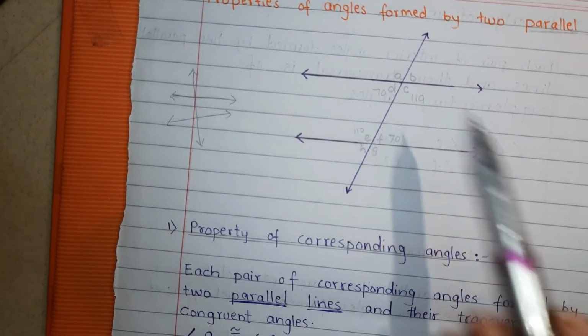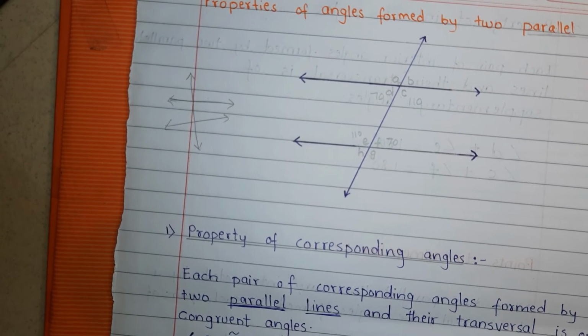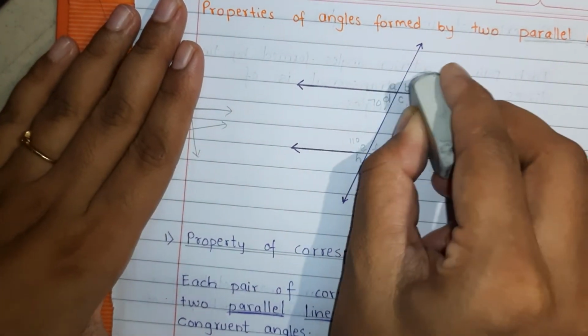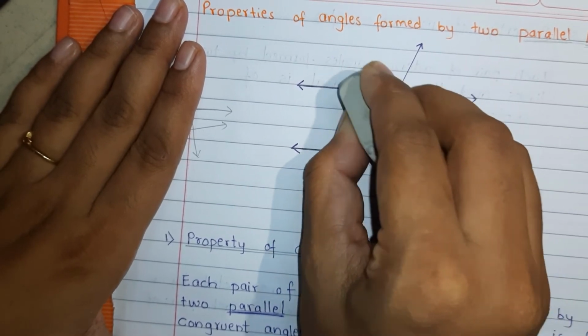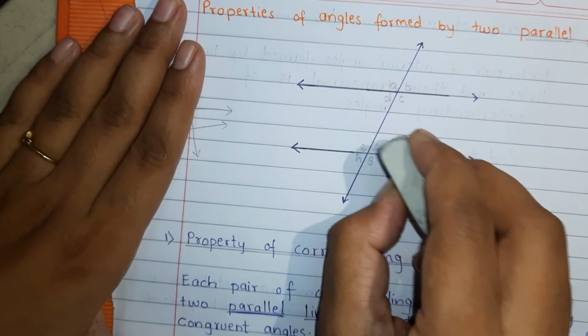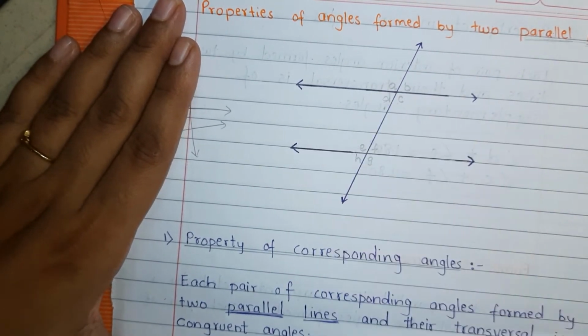Okay, so remember this. Now one more thing is there. If they have given you in the question the measurement of any one angle from the 8 angles, can you find the remaining angles?